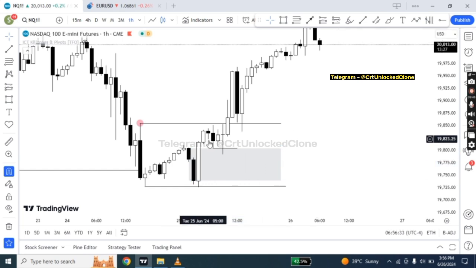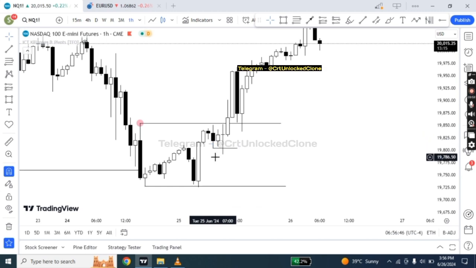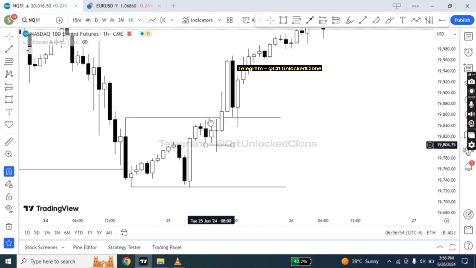The first one being that this candle dug into this order block right here, dug into this key level, and not only that, this candle was formed at a key time, which is 7 a.m. Eastern time. The 7 a.m. Eastern time, along with other times, is a key time for a 1 hour CRT to be formed. So based off of these two factors, I decided that I'm going to potentially trade this CRT.